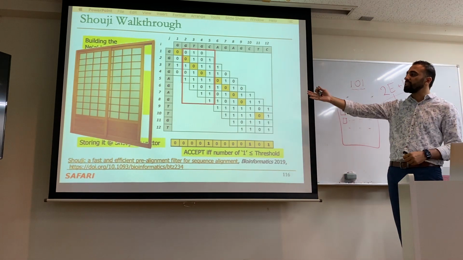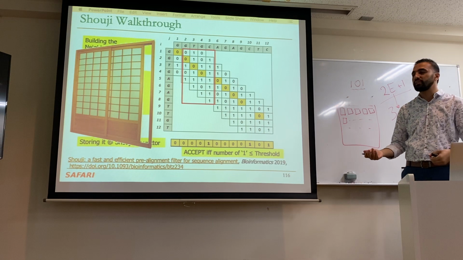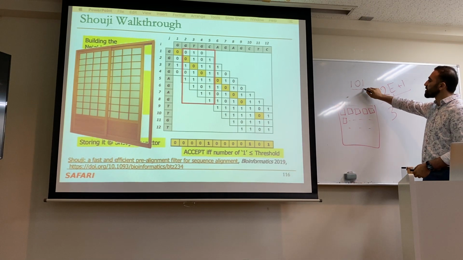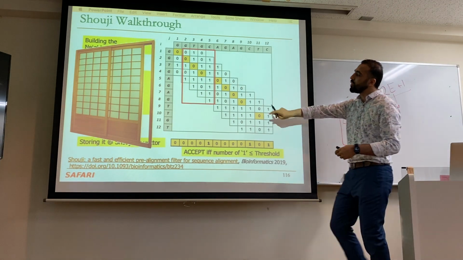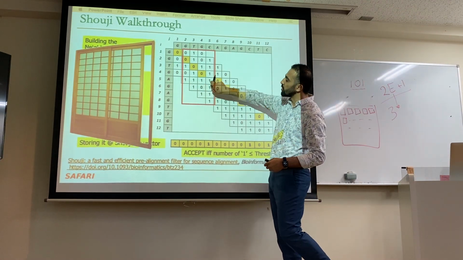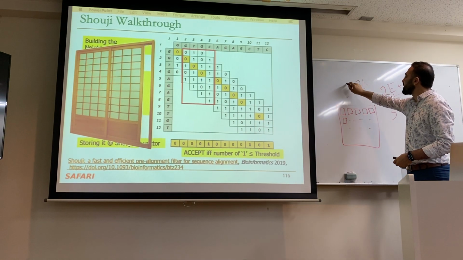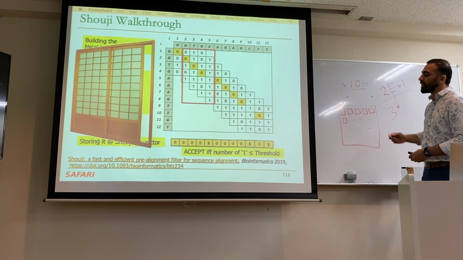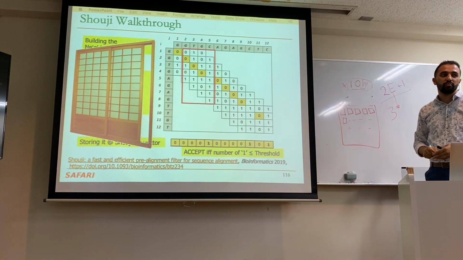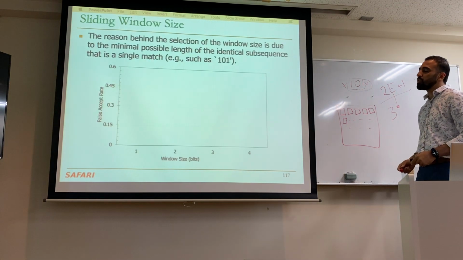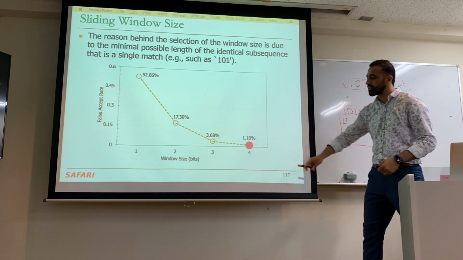So to avoid these being counted in the correct solution and increasing your false positive, we said, let's increase this search window by a single step such that we include one of these bits, either here or here, based on the solution. So we add 1 here or 1 here, it doesn't matter. At the end, you will search for 4 bits only. And when we try this practically, it really decreases our false positive.